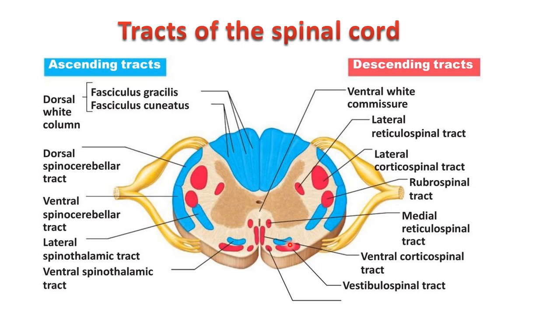Then you also have an olivospinal tract. The olivospinal tract arises from the inferior olivary nucleus. It's a very small tract. Then you have the reticulospinal tract, medial and lateral. Here you are able to see the medial reticulospinal tract, and here the lateral reticulospinal tract.